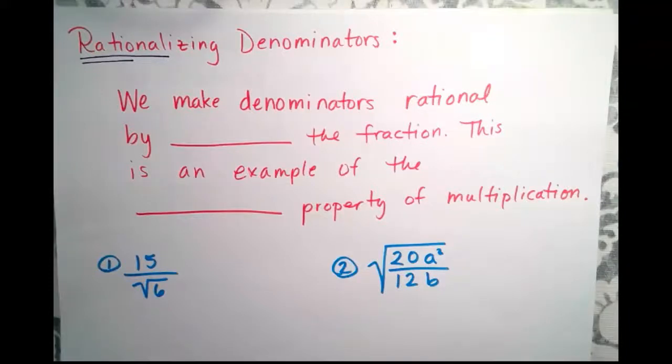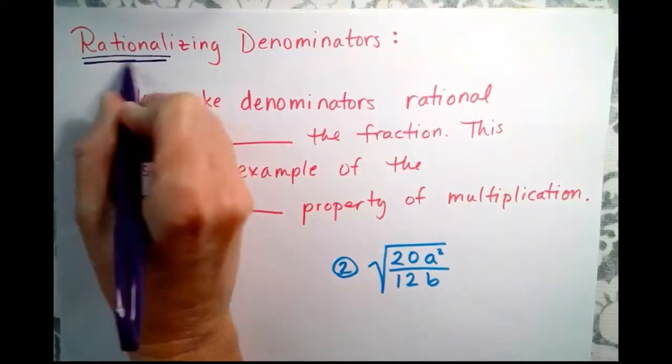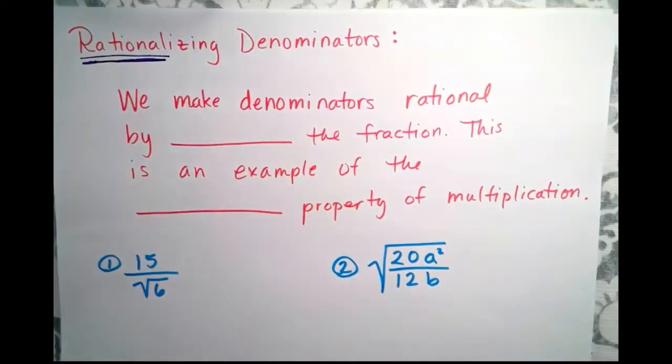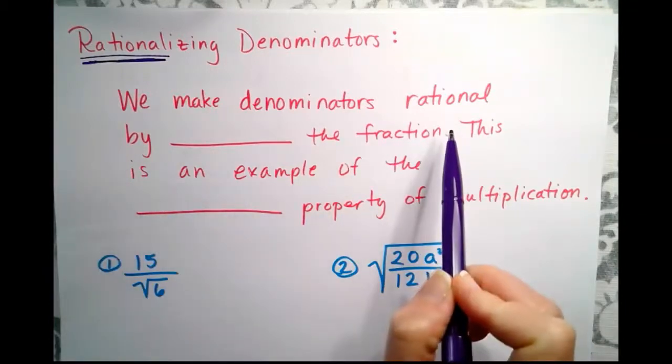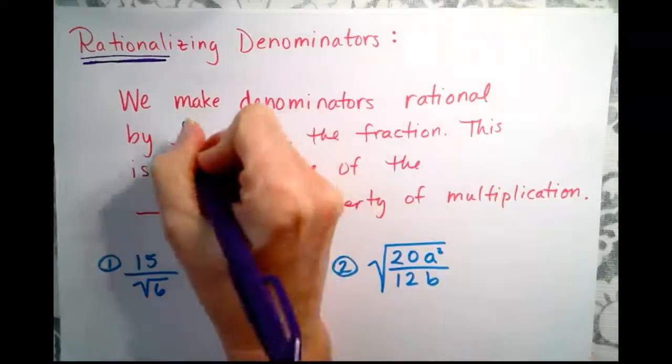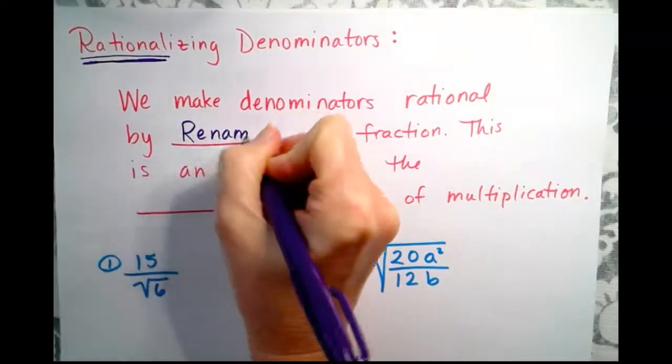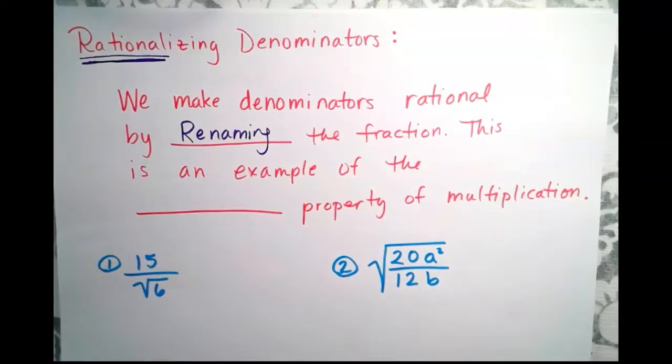In this video, we're rationalizing denominators. We need our denominators to be rational, meaning not having a radical in them. And we make our denominators rational by renaming the fraction.